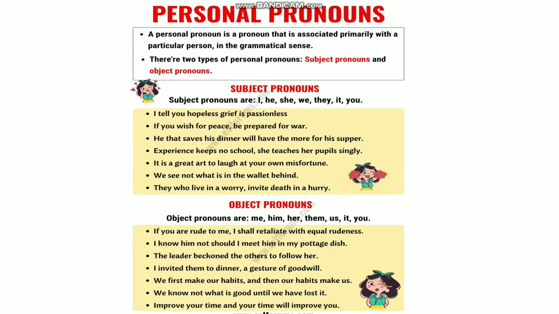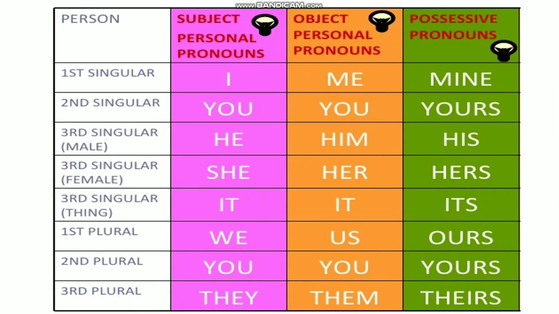The subject personal pronouns include I, you, he, she, it, we, you, and they. The object personal pronouns include me, you, him, her, it, us, you, and them. The possessive personal pronouns include mine, yours, his, hers, its, ours, yours, and theirs.